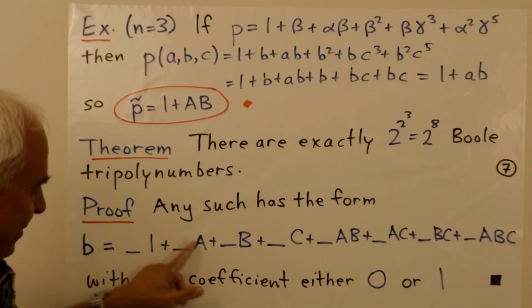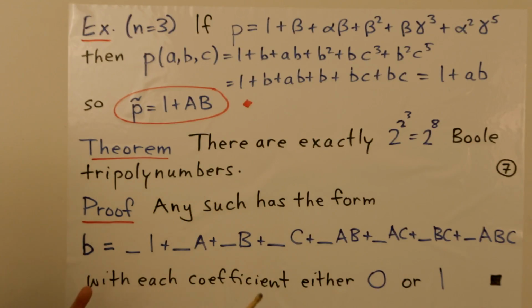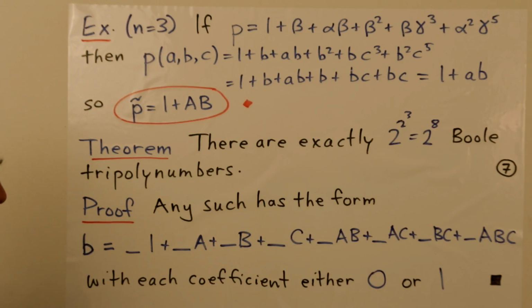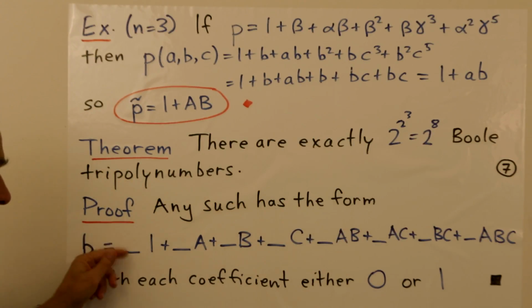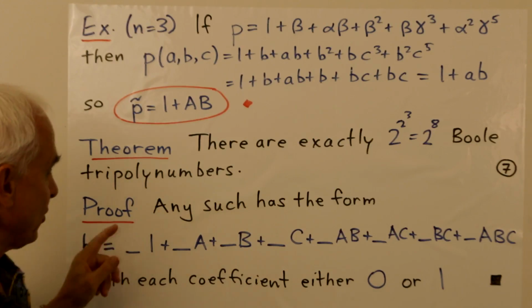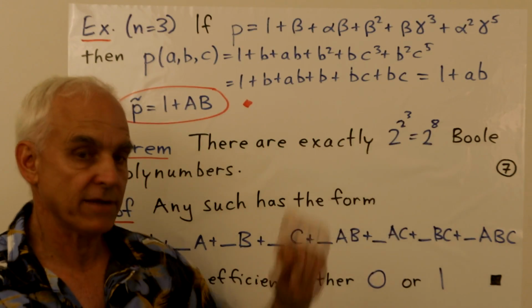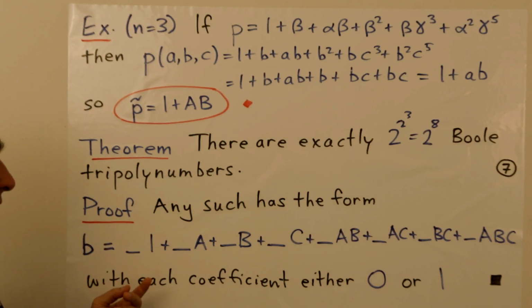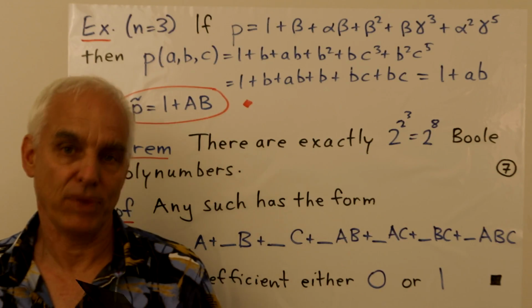Right? These are basically kind of listing all the subsets of A, B, C. And there's 8 of them. And since there are 8 possible blanks to be filled in with each coefficient being either 0 or 1, there's 2 times 2 times 2 times 2 times 2 times 2 times 2 times 2, or 2 to the 8 possible different Boole polynumbers when we have 3 inputs, or dimension 3.